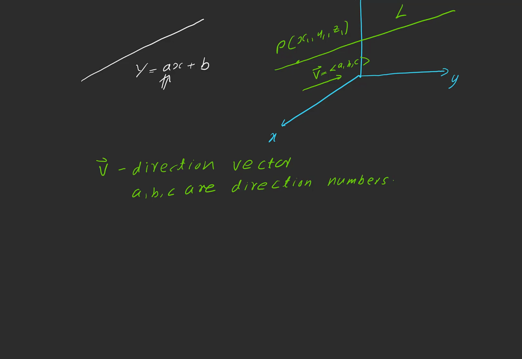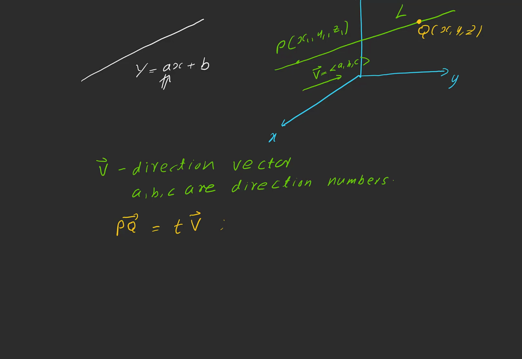That means we can find a vector using any point on the line, call it Q, which is (x, y, z). Then we can write the vector PQ equals a scalar t times V, where t is a scalar.